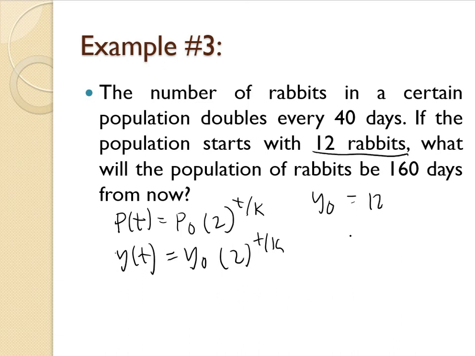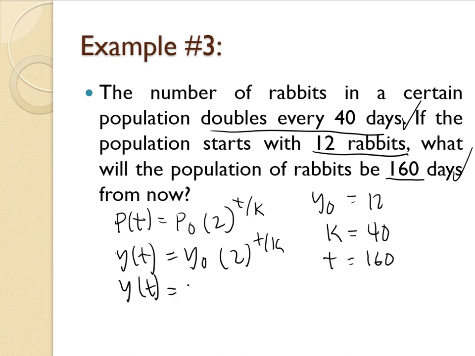And k is the time it takes to double, so it doubles every 40 days. And t, what will be the population after blank days, which is 160. Take note that our units of measurement should be the same.